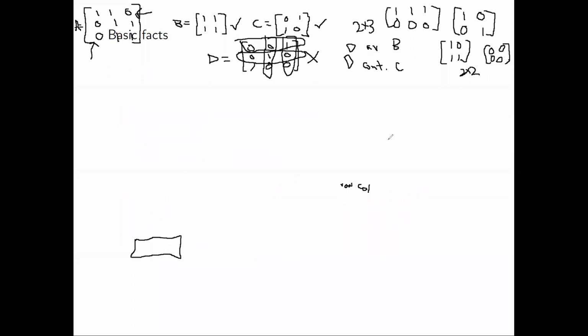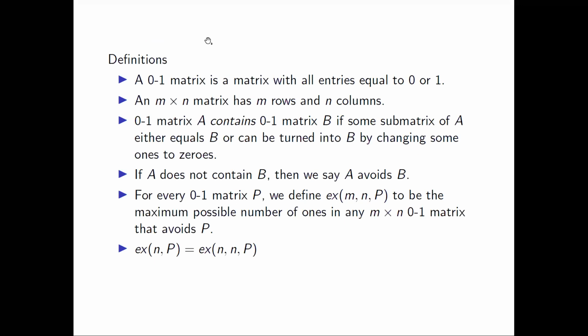So now that we've covered some definitions and examples, let's look at some basic facts about the extremal function. The first basic fact I'll mention on this slide right next to the definition.